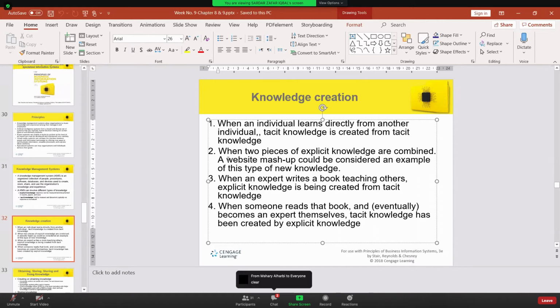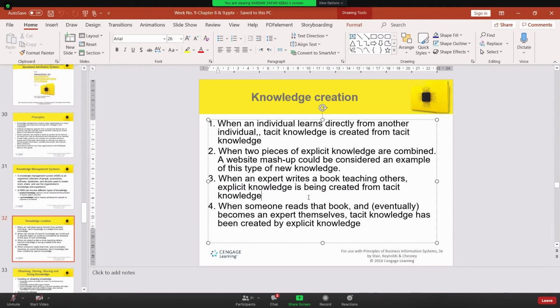Doctor, can you give us another example of tacit knowledge? I mean the point number 3. When an expert writes a book teaching others, explicit knowledge is being created from tacit knowledge.